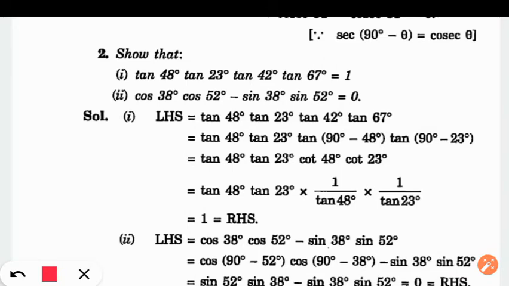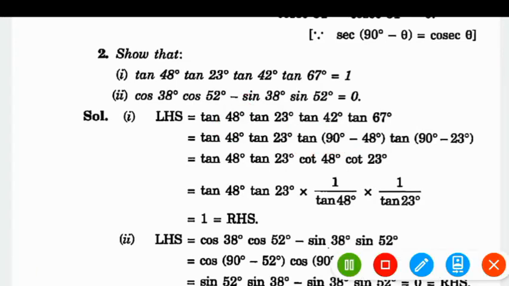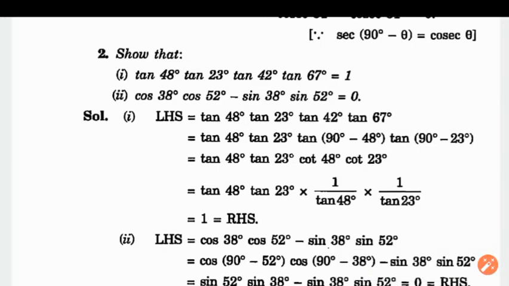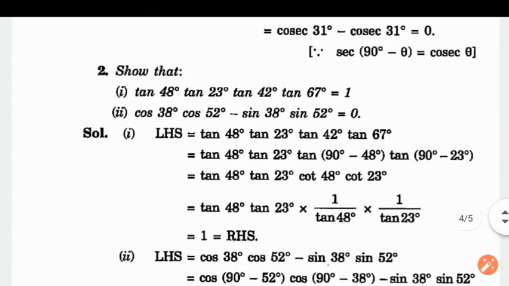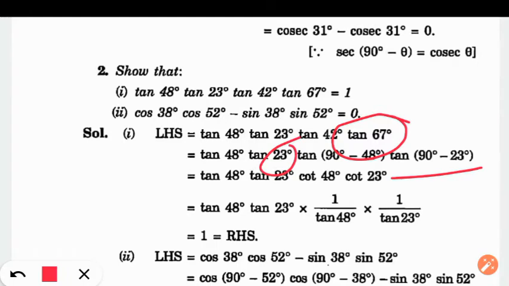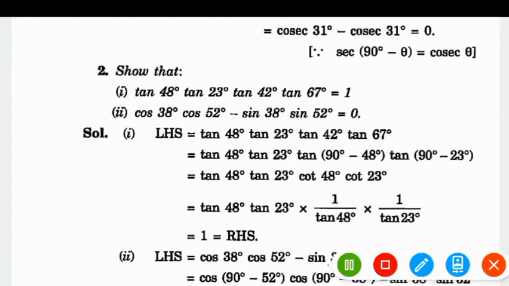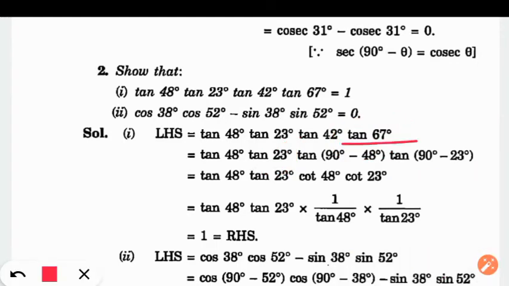In place of tan 42 degree, can we write tan 90 degree minus this angle 48 degree, as 48 and 42 are complementary to each other. Similarly, in place of tan 67 degree, can we write tan 90 degree minus this angle 23 degree. 90 minus 23 gives you 67.